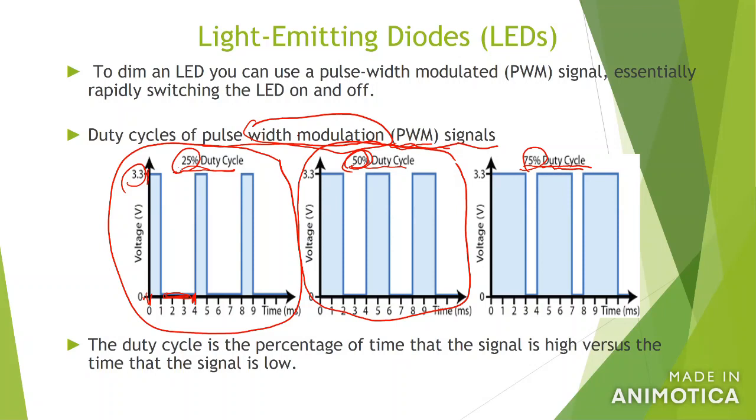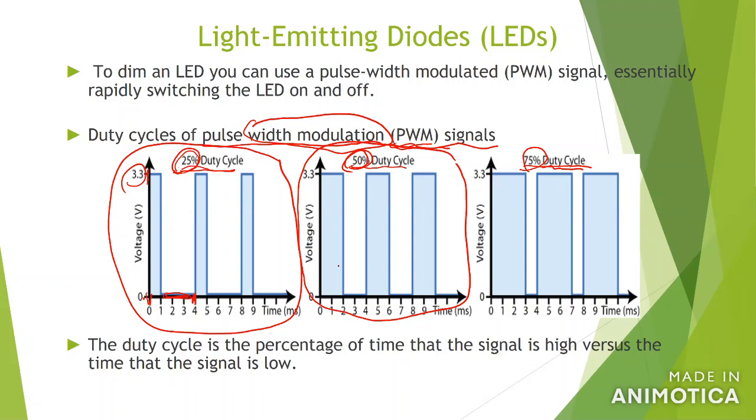With 25%, the pulse width is only 25%, and for 50%, half of the cycle has logic 1.